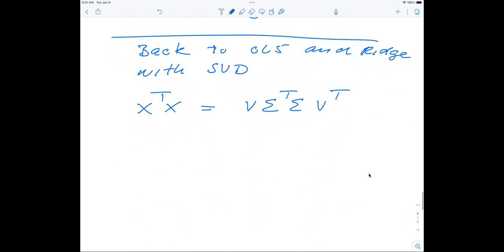Now what we have is that beta, the optimal one, is given by X transpose times X inverse. So this is ordinary least squares, times X transpose times Y.